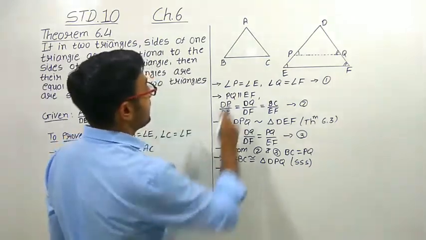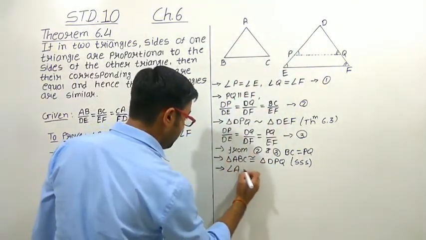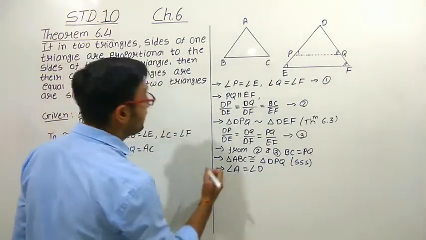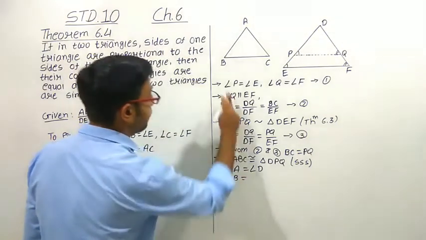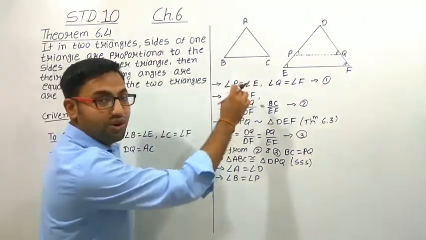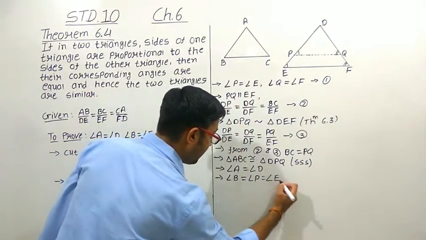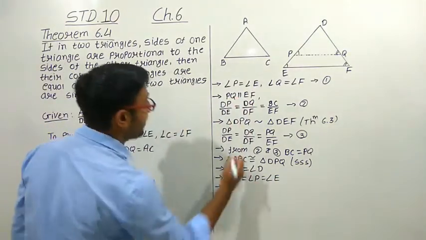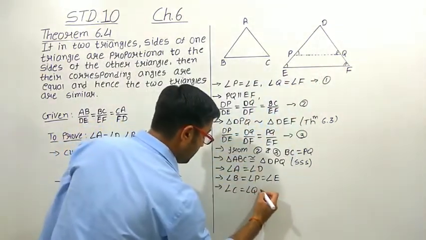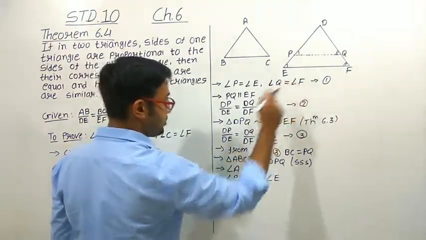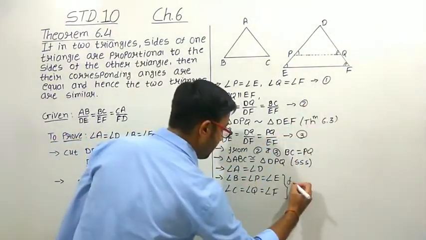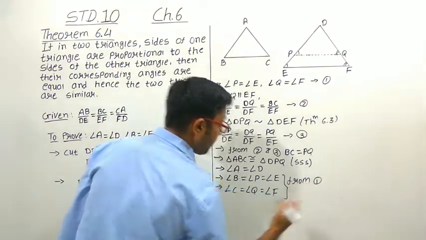So here, angle A will become equal to angle D. Second, angle B will become equal to angle P. And see here, angle P is also equal to angle E. So this angle will become equal to angle E. Now the third angle, that is angle C. Angle C will become equal to angle Q. And here we have written down that angle Q is equal to angle F. So both these we can write down from result number 1.